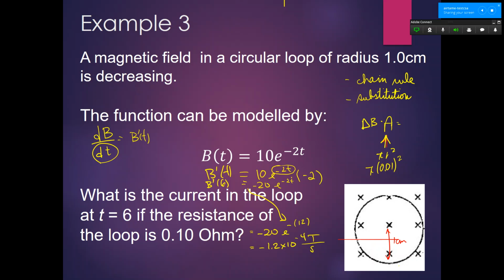Okay, what did you guys get for area? I can't hear anyone. Minus 3.8 times 10 to the minus 8. Now hold on here. I have to figure out units here because otherwise I'm going to go nuts.